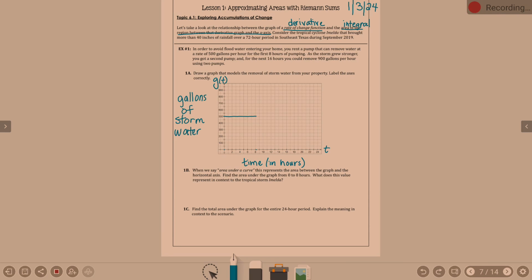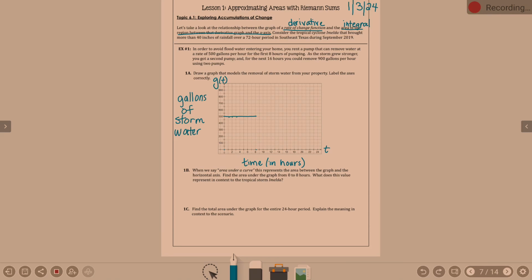We're going to represent that as a straight line, because each hour, at 1 hour it's 500 gallons, at 2 hours it's 500 gallons, at 3 hours, all the way up to 8 hours, it's 500 gallons. And then it goes to 900 for the next 16 hours.